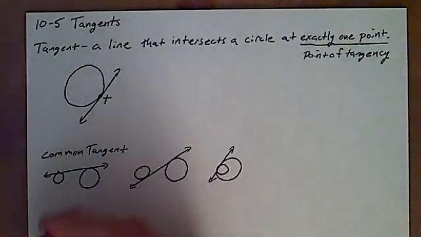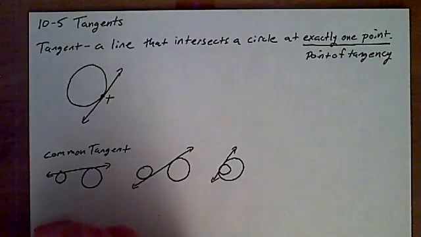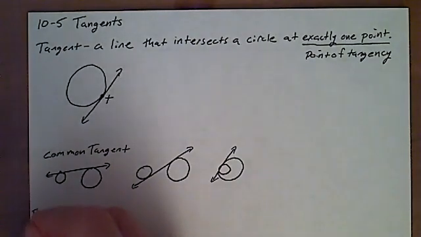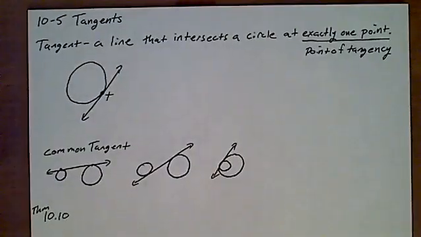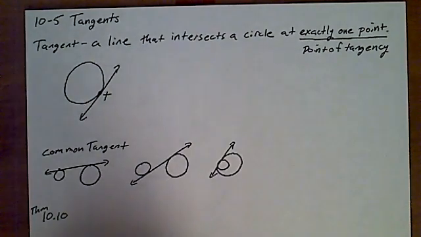All right, we're going to look at the first theorem for this section. There are only two, don't worry. It's going to be theorem 10.10. And before we actually write out what it is, we're going to take a look at how it looks.